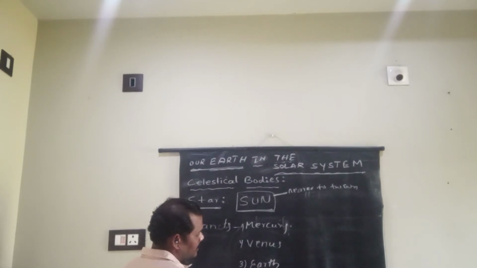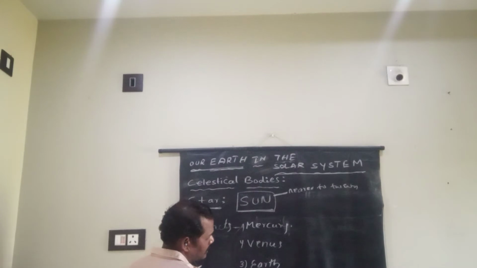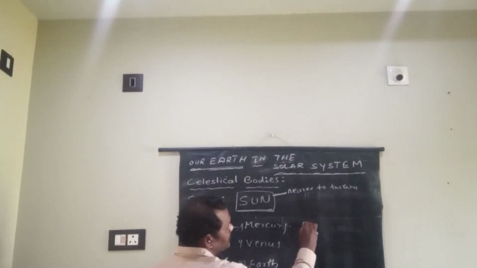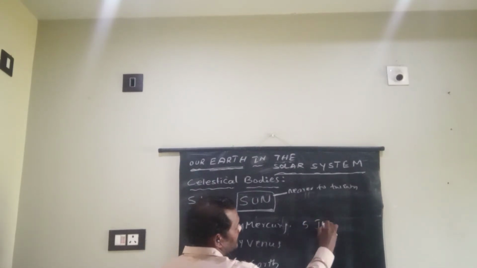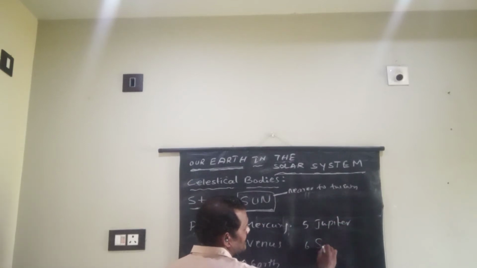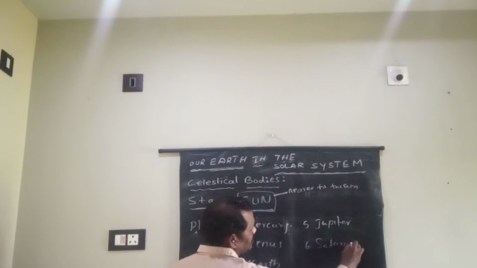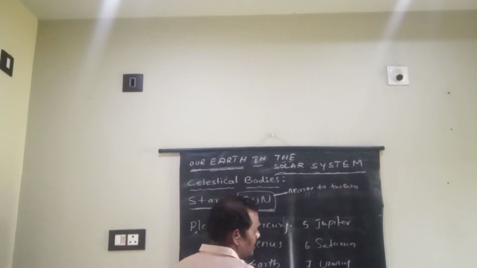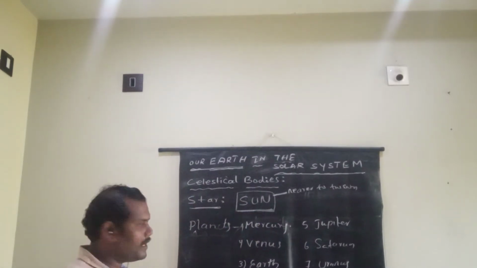Fourth one Mars. Fifth one Jupiter. Sixth one Saturn. Seventh one Uranus. Eighth one Neptune.